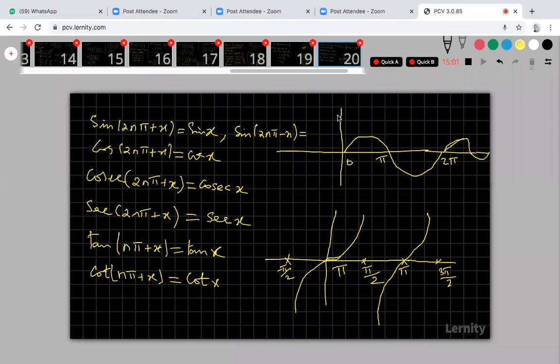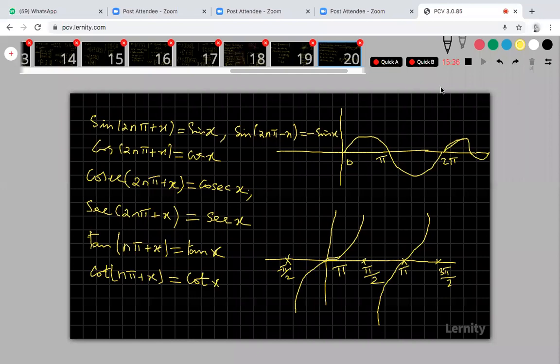Why, sir? Sin 2n pi means one complete rotation, but if you are reducing something, that is minus x, which means it belongs to the fourth quadrant. In the fourth quadrant sine is negative, therefore minus sin x. If this is minus sin x, your cosecant x is also negative.